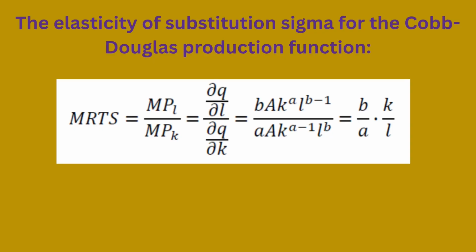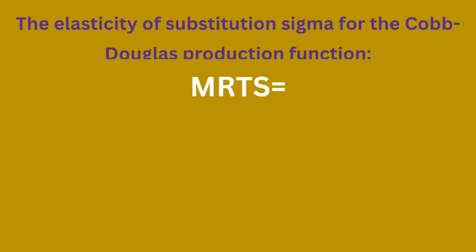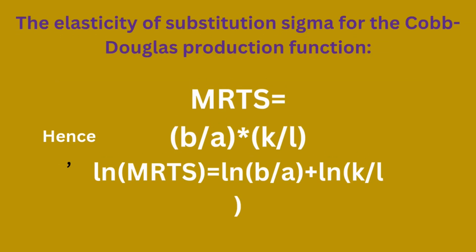Now the MRTS is the marginal product of labor divided by the marginal product of capital, and we can see that the terms cancel out beautifully, and also A cancels out, and the K term simply ends up as K in the numerator. The L term simplifies to 1 over L, and we are left with the elegantly simple formula: the MRTS equals b over a times the capital-labor ratio K over L.